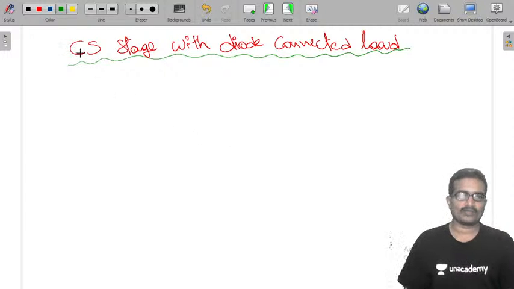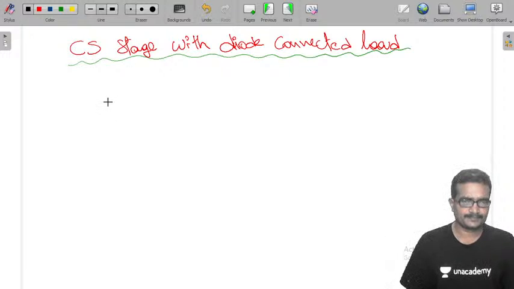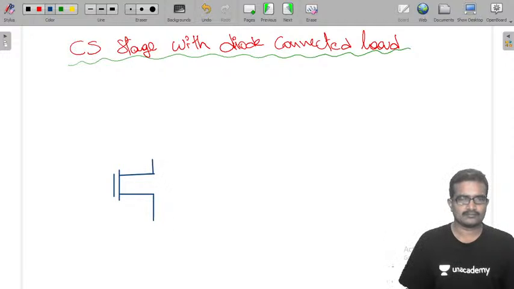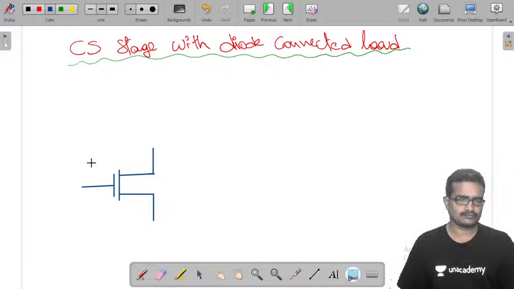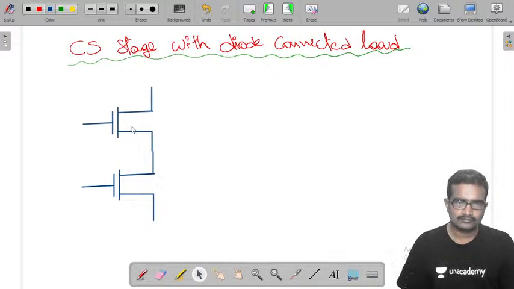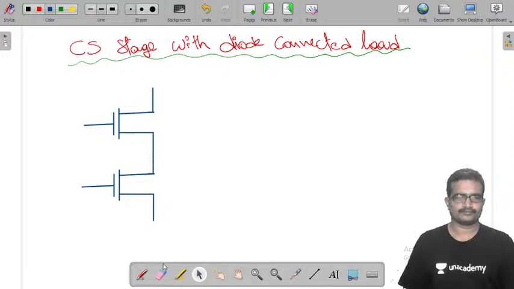Now, see this circuit. Here I am applying the input. The source is ground, so it should be NMOS, and it is PMOS.